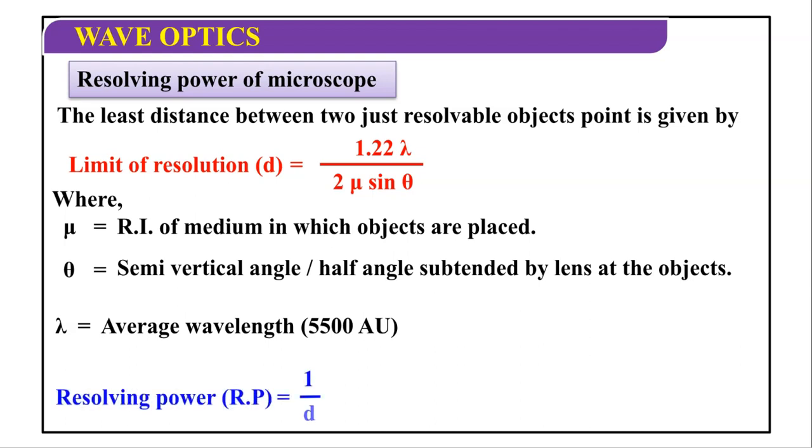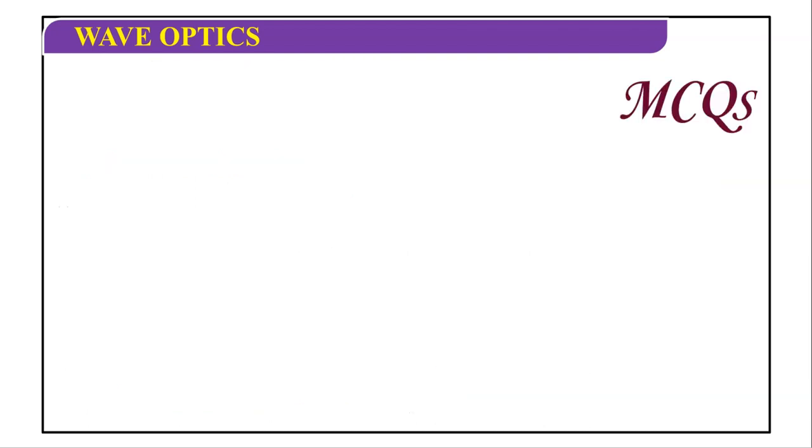So the resolving power is 1 by d, that means 2 mu sine theta divided by lambda.